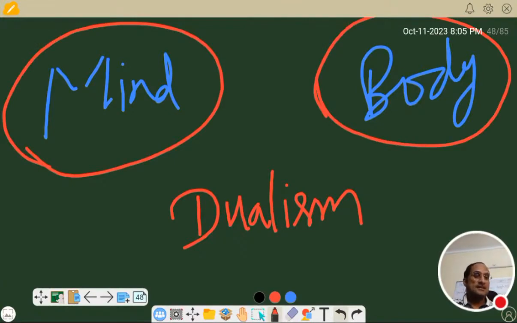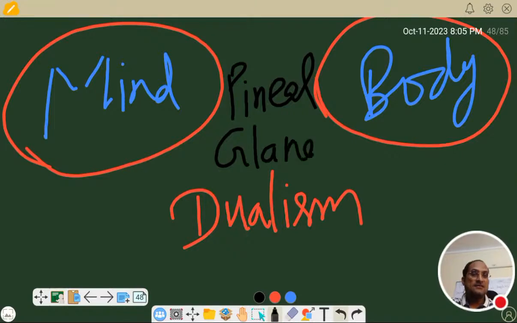And there is a communicator in between them, which is called your pineal gland. Through the pineal gland, they are communicating with each other. These two are separate entities. They don't interact directly with each other.